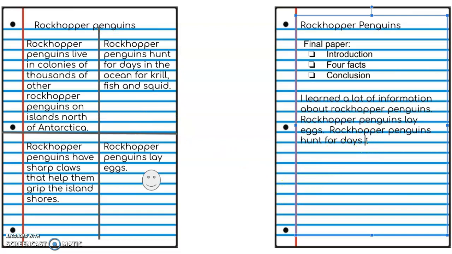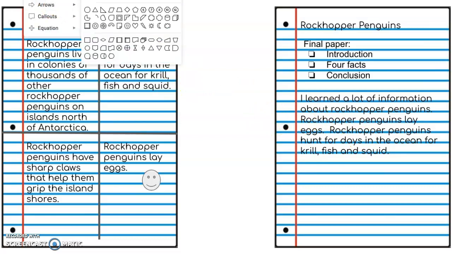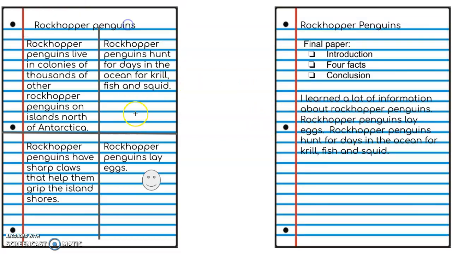So hunt for days in the ocean for krill, fish, and squid. Okay, so again, I'm going to want to put whatever shape that I decided, like the X or the smile or the star, in that box, so I know I did that one.